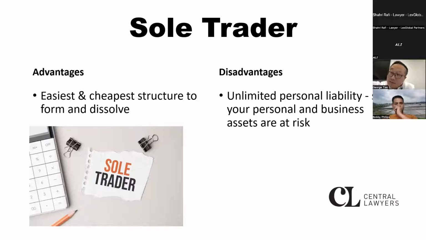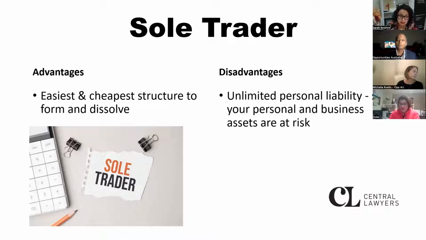Usually people start off as a sole trader if they're starting small, but then over time as you grow, you consider restructuring. It's also difficult to raise money as a sole trader, and you can appear small, but depending on what you venture into, sometimes that is the best structure to start off with.